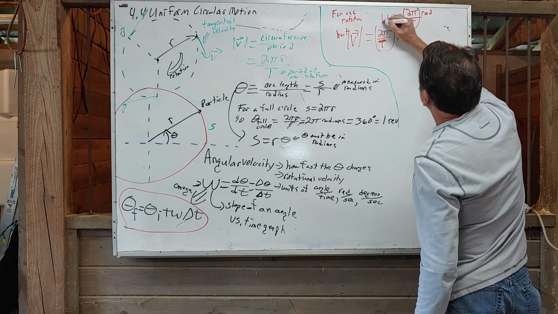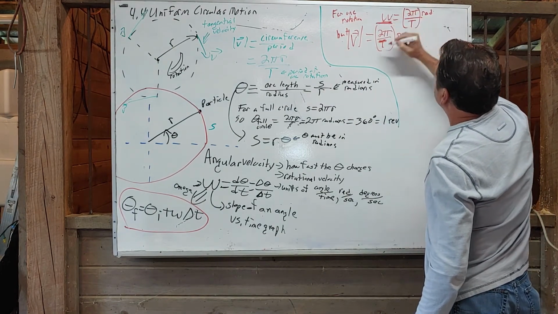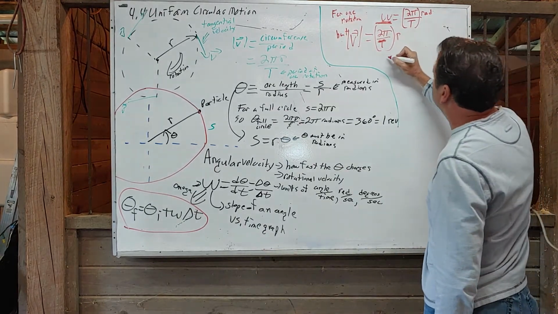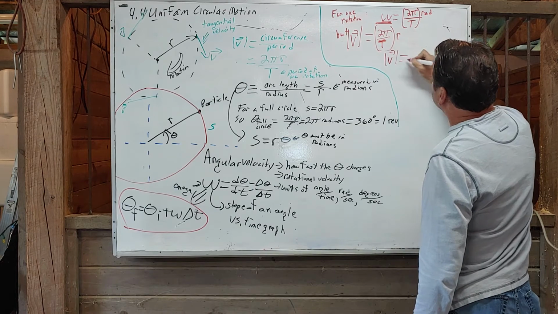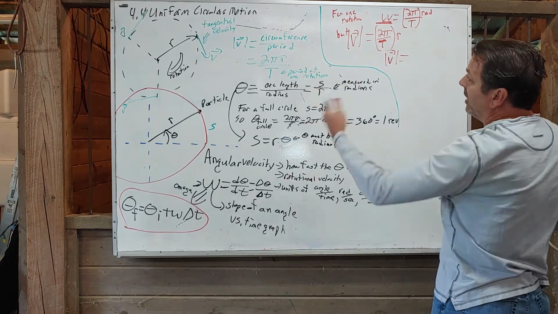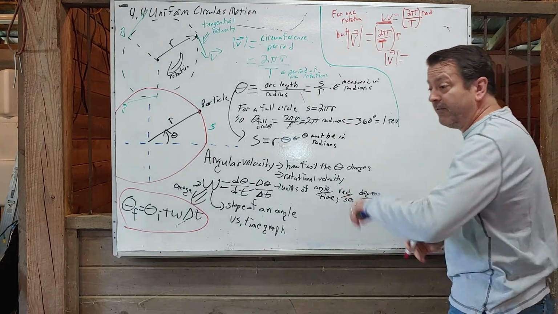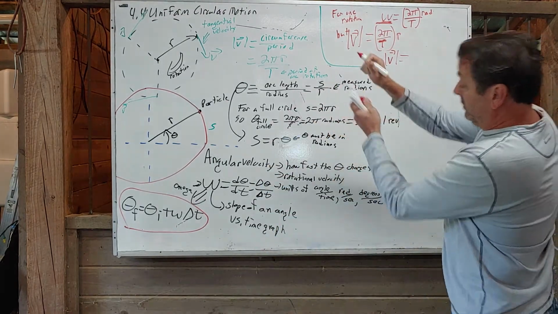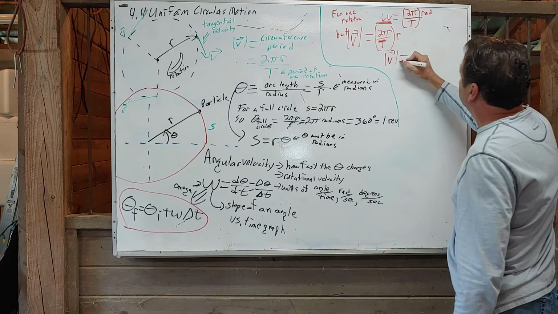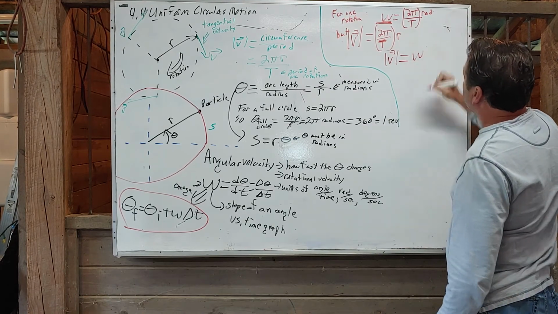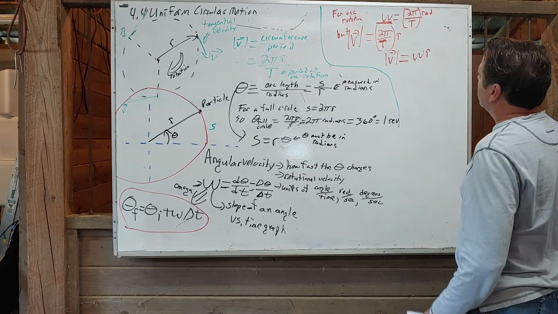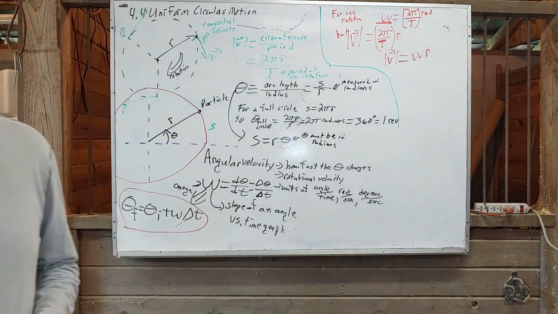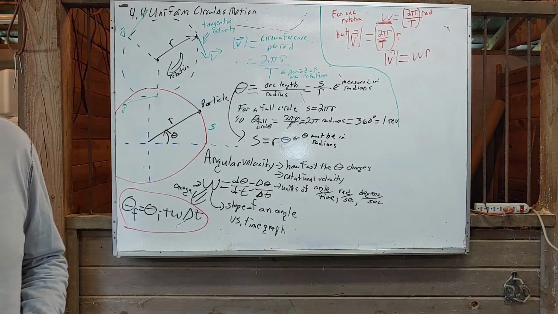Aha. Can we substitute in omega for that? Omega being the angular velocity. Well, yes, we can. The magnitude of that tangential velocity, how fast the speedometer on your car would say as you're going around that circuit, would just be your angular velocity times your radius. Okay?